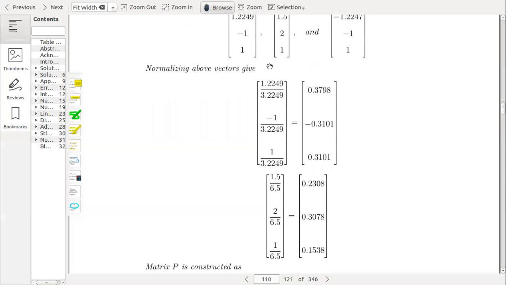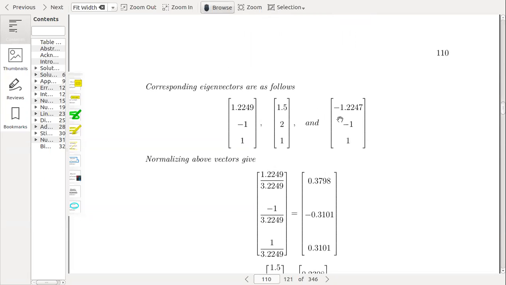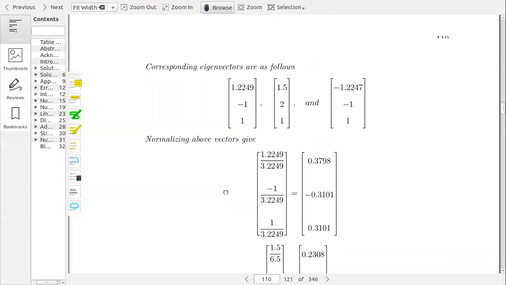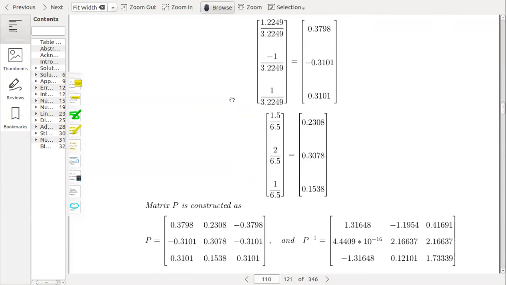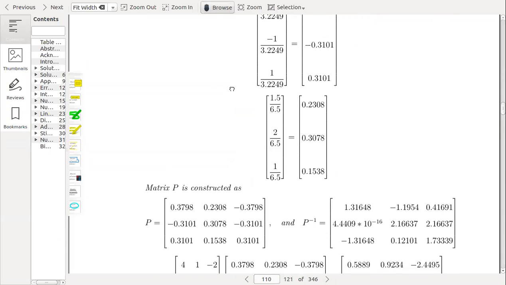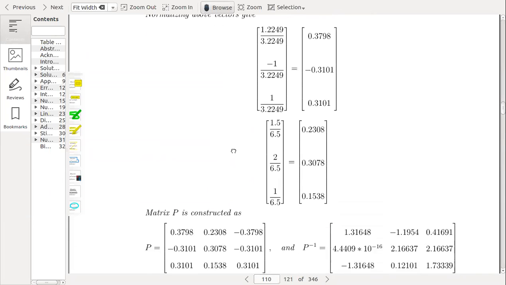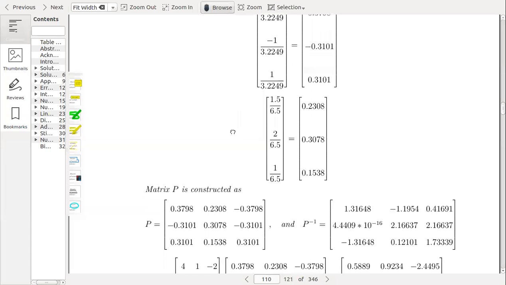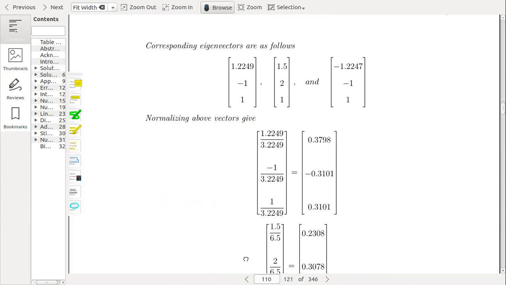So normalize this matrix, you will get this one, and normalizing in a similar way, 1 square plus 1 square, so 2 plus this one, so you will normalize this third vector in the same way. Matrix P is constructed by just placing these eigenvectors as columns of the matrix.